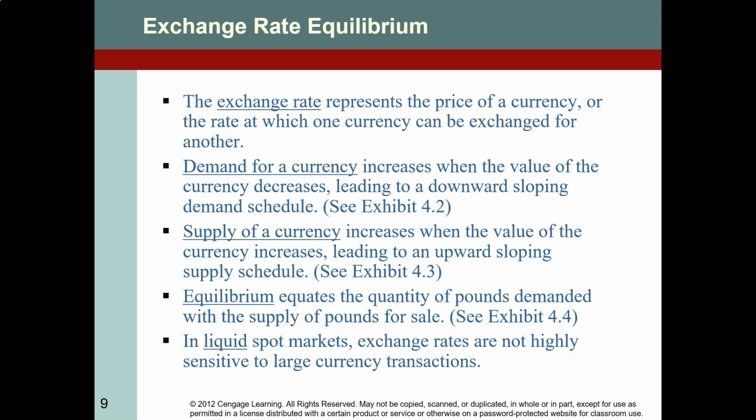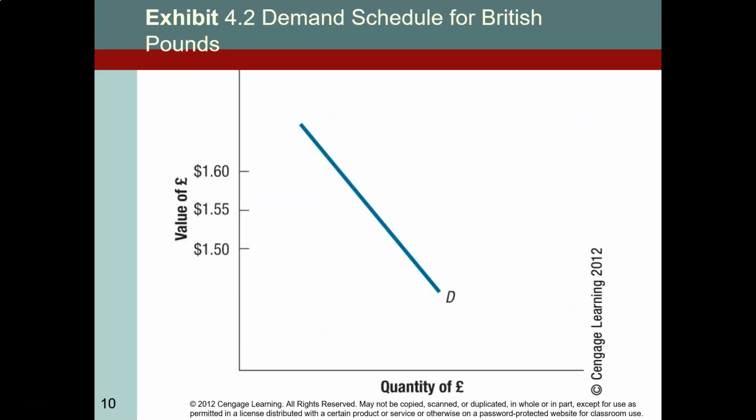And also we've already learned that a demand curve or demand schedule for an apple is also downward sloping, right? If we look at this graph here, graph 4.2, demand schedule for British pound. This could be a demand curve for any currency or any good. On our x-axis is the quantity of British pound. On our y-axis is the value of the pound or price of the pound.